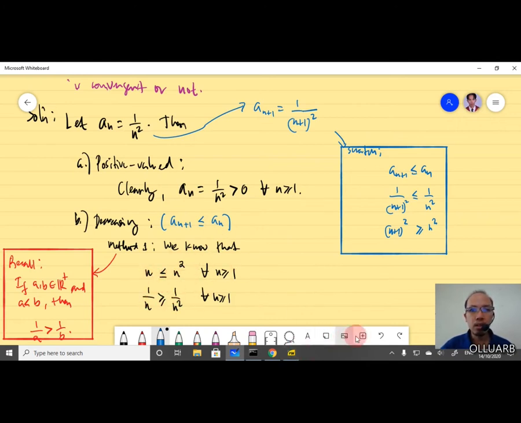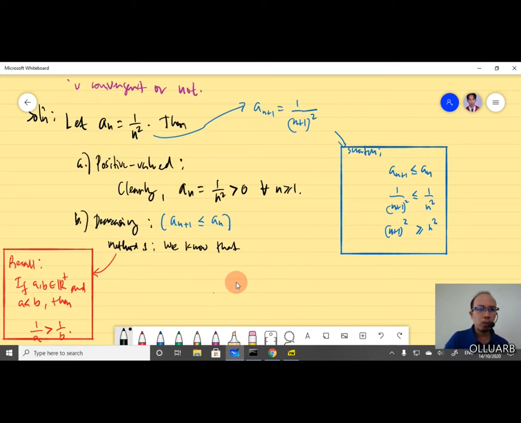Therefore what I will do here is to erase this, and I use again the black color.